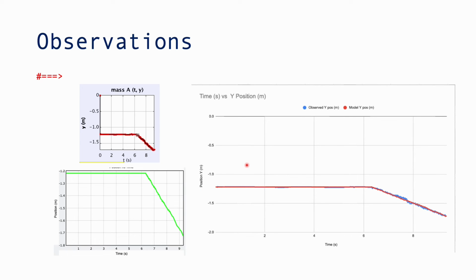They have very similar trends, and just a small discrepancy right here. This might have been because of human and experimental error when using Tracker, or maybe another unaccounted force. But in general, we had a very similar trend and a very similar motion in both the computational and experimental models.